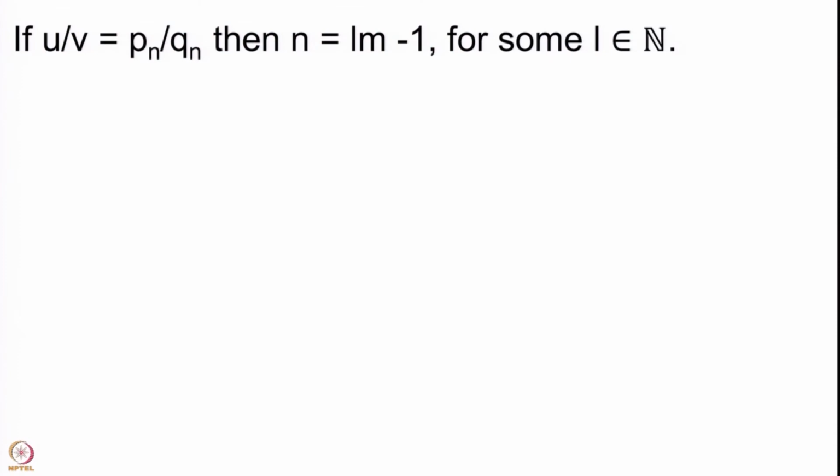Further, we see that it is not just odd, but it is of the form Lm minus 1, where L is some natural number and m is the period. So, here m is the period.